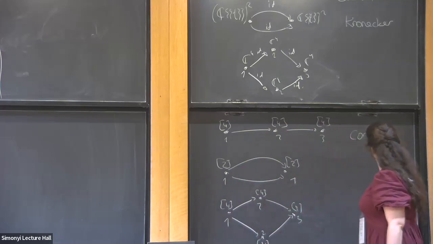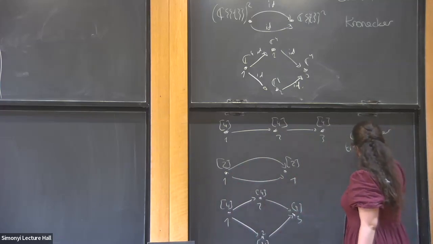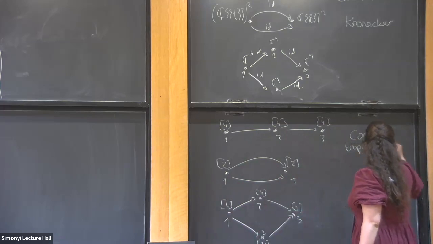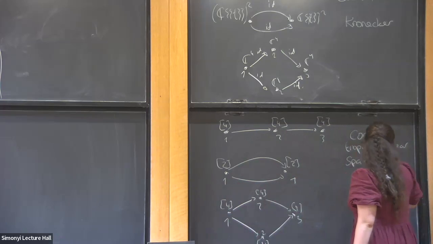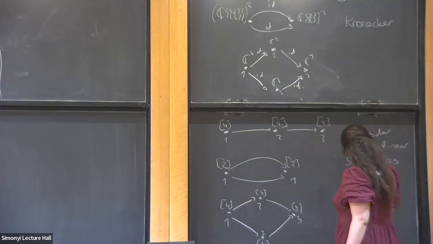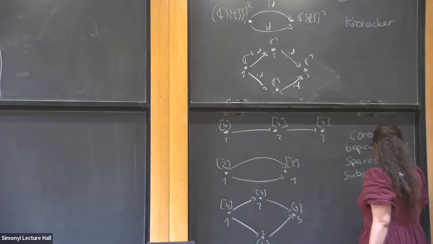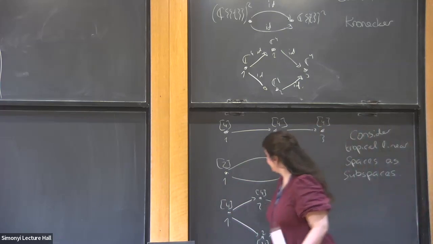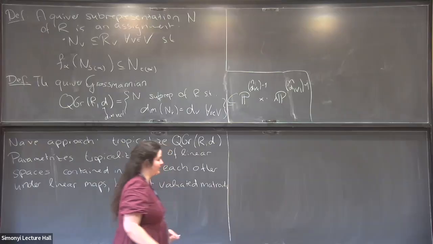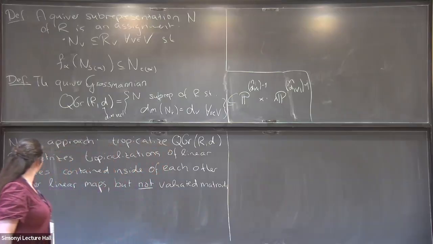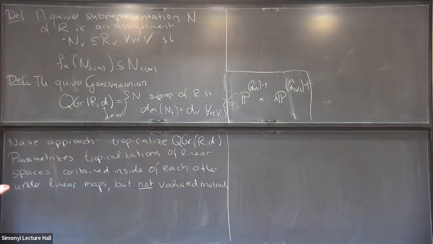Consider tropical spaces as subspaces. Now, the thing I still need to tell you about, to construct a tropical version of a quiver representation or quiver subrepresentation, is what the linear maps are supposed to be.